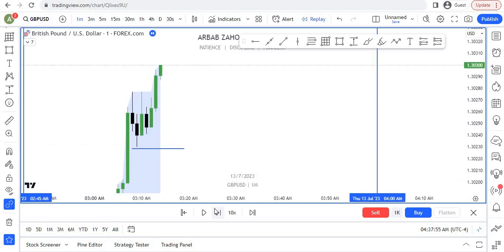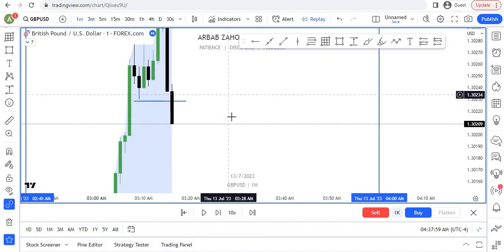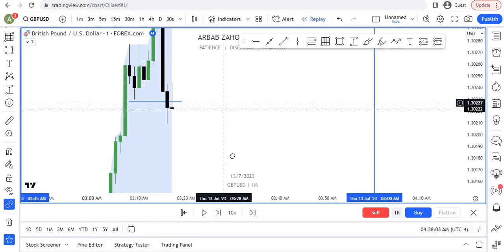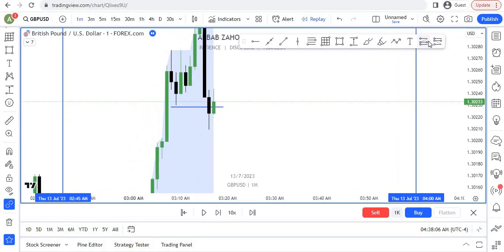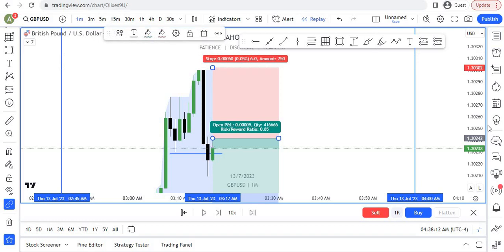We go upside. Yeah, great, good. Then we found a fair value gap, we are in that trade. I took this trade as well, and I mostly post in my Telegram channel, sure.